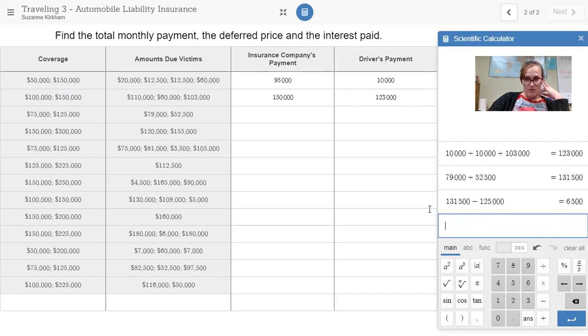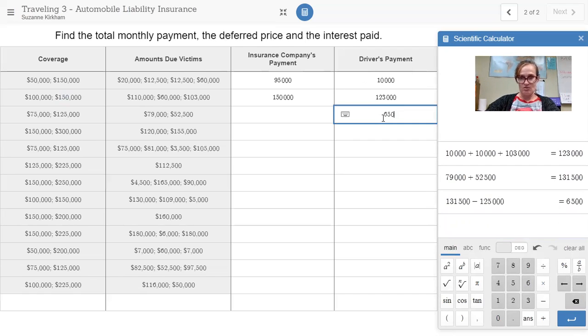That is how much the driver will need to pay. So the driver right here will need to pay $6,500. Okay. The total that they will pay is 125,000.